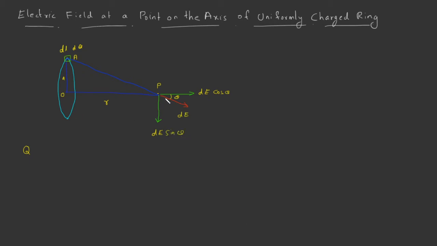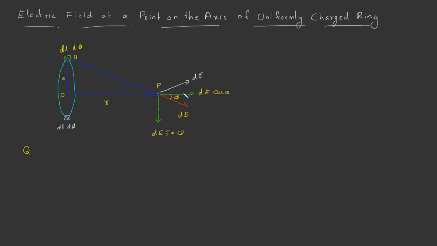Now for understanding the case here, just consider a small element dl, the same as the one we considered here, having the same charge dq. Then the electric field at point P due to this small charge dq is dE, which will be the same as that of this one but in this direction, because the distance AP will be equal to this.